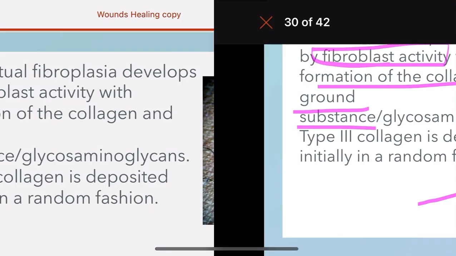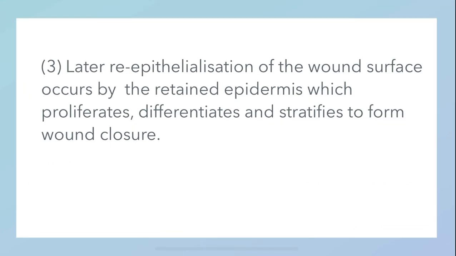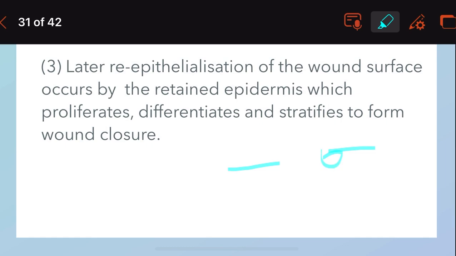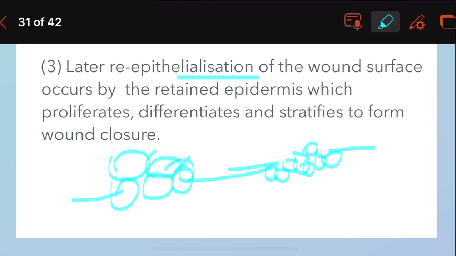Then what happens next? The re-epithelialization of the wound surface will occur by the retained epidermis, which then proliferates. So guys, I told you these remaining viable cells are going to re-epithelialize the wound surface, and later they are going to proliferate, and then they are going to differentiate based on the type.